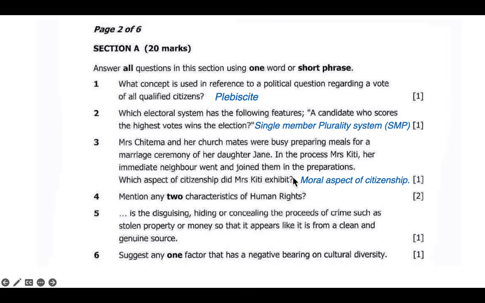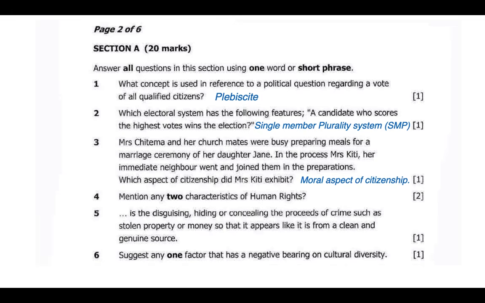The characteristics of human rights, there are 4, if we can remember. We can say that human rights are inherent. And then also human rights are inalienable, meaning that they cannot be separated. We can't separate one from one's rights, so that's the meaning of inalienable. And then human rights are universal; they apply to each and every person, regardless of sex, gender, race, and so forth.